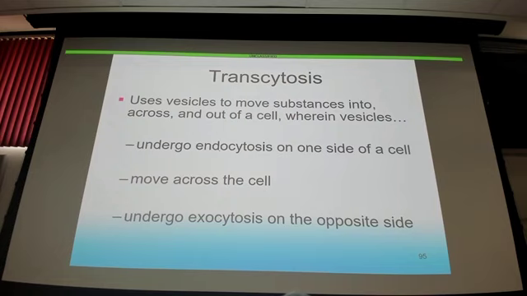It's still going to be membrane bound because when you do endocytosis and bring that in, you're going to have a vesicle now inside of the cell, right? And that vesicle is going to move, let's say, to the other side of the cell and dump it right back out into the exterior. It'll make more sense when you talk about renal transport mechanisms and things. How you bring things across.